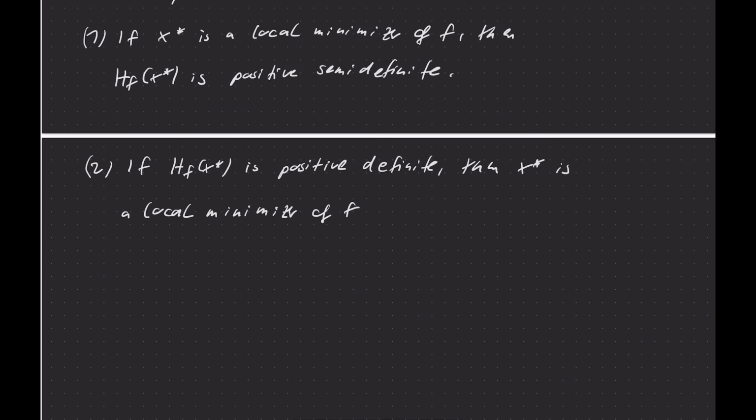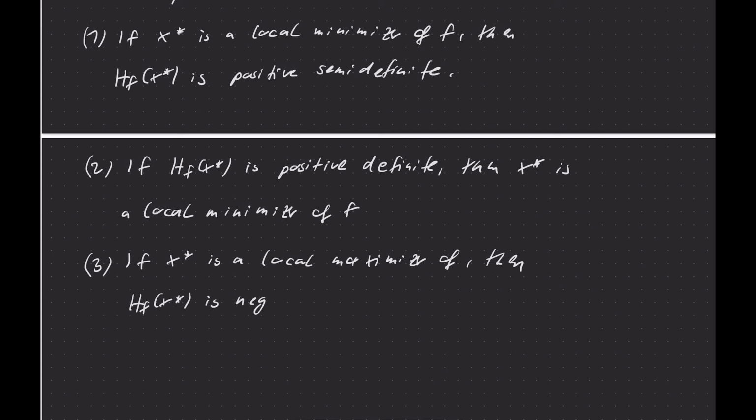And of course, the same conditions hold for local maximizers and negative definiteness. So if x star is a local maximizer of f, then Hf at x star is negative semi-definite.